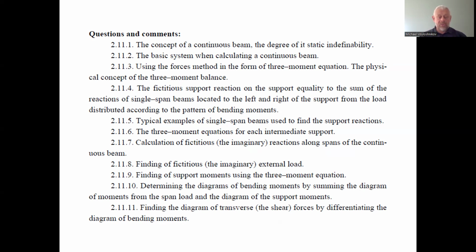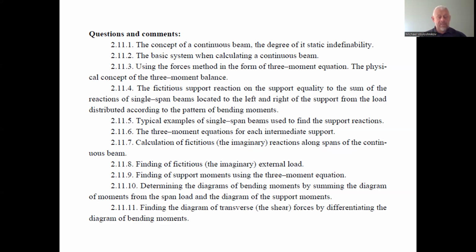This is one of two approaches to find the diagram of shearing forces, because they are in derivative interdependence with the diagram of bending moments: the function of the shearing forces is a derivative of the function of the bending moments, and the diagram of bending moments is the integral function of the shearing forces.